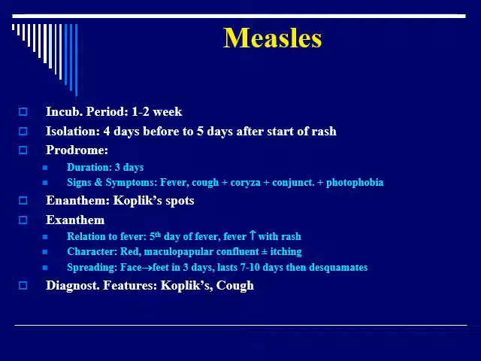What about enanthem of measles? If we examine the mouth of the child, opposite the molar teeth, we will find what we call Koplik spots. Koplik spots are red spots, few millimeters in diameter, and in the center there is a grayish white spot.